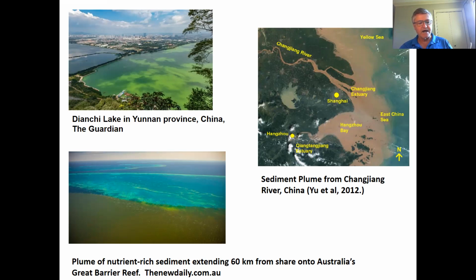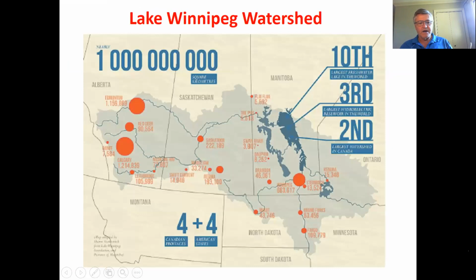This is a large plume of sediment associated with a seasonal flood or high rainfall situation in Australia. This sediment is carrying lots of nitrogen and phosphorus, primarily from farmers' fields in the catchment area of the Great Barrier Reef. And we'll get back to the Great Barrier Reef story in a few minutes.